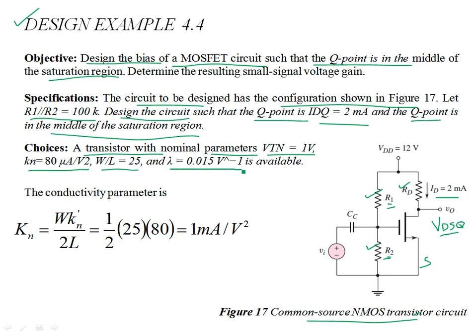From this information, the first thing to do is find the conduction parameter, W by L times Kn by 2. W by L is given as 25, and this electrical conduction parameter is 80 microamps per volt squared. In milliamps per volt squared, you find this as 1 milliamp per volt squared. That's your conduction parameter Kn.